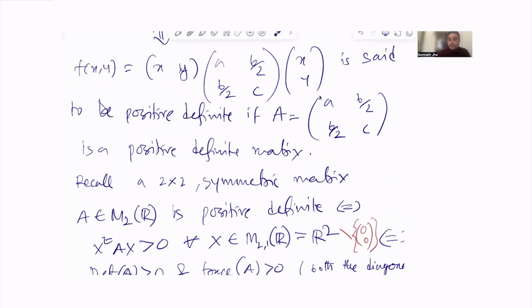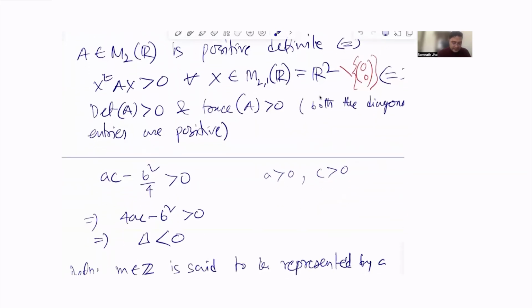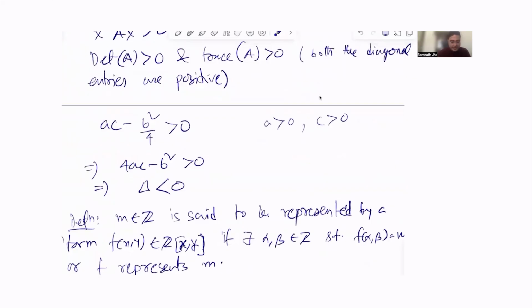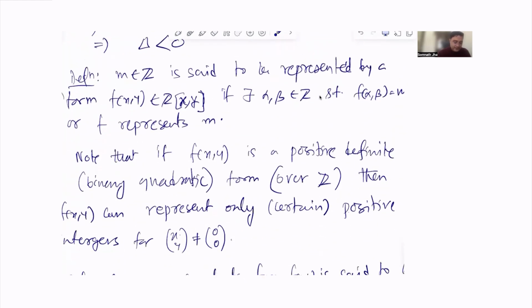It is said to be positive definite if this matrix is positive definite, which means xᵀAx is positive for all non-zero x. The form has discriminant b² − 4ac, and positive definite means the discriminant Δ = b² − 4ac is less than 0, and a and c are both positive.